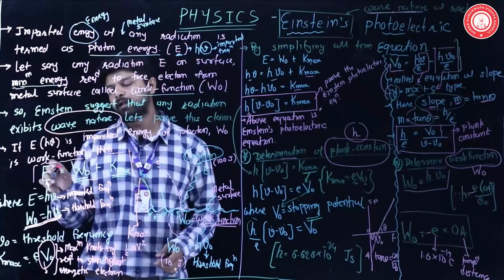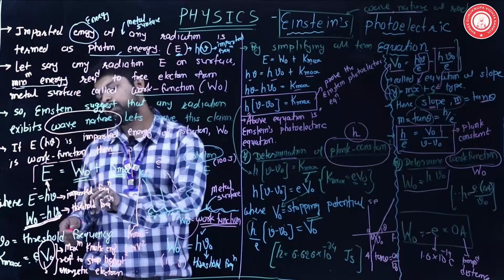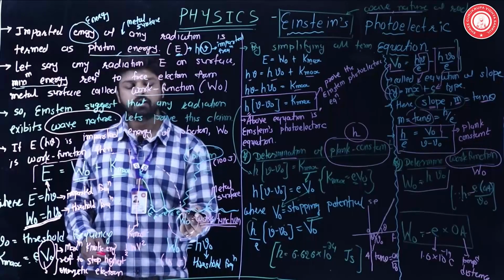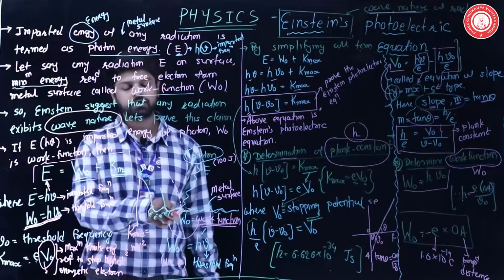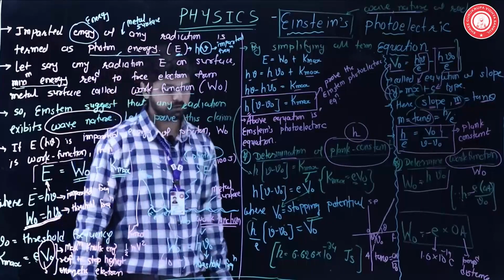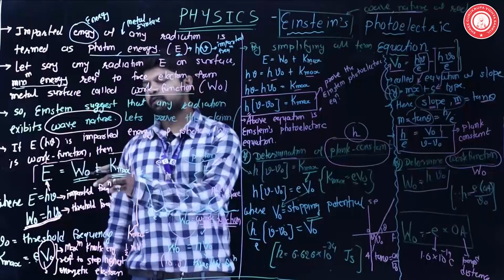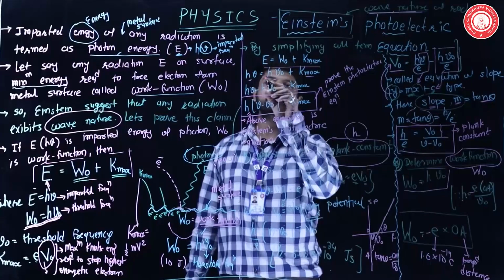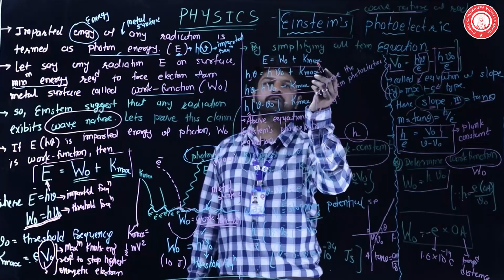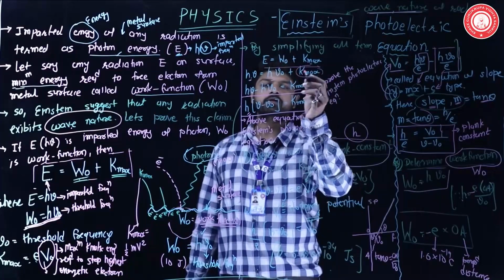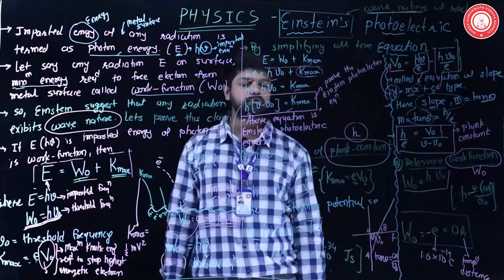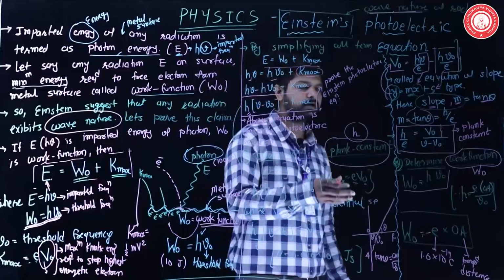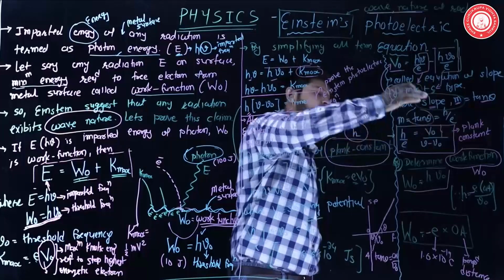So imparted energy E will be converted first into work function plus Kmax, which is the maximum kinetic energy given to the rest of the electrons which are going to emit from this metal surface. So the equation is E = hν = W0 + Kmax, where W0 = hν0. This equation is briefly known as Einstein equation. From this equation, by some modification and the slope, we got Planck constant h and work function W0.